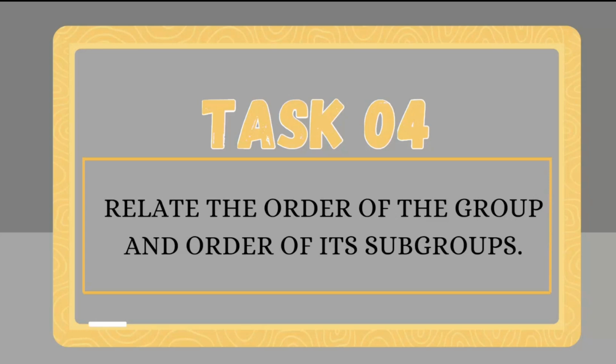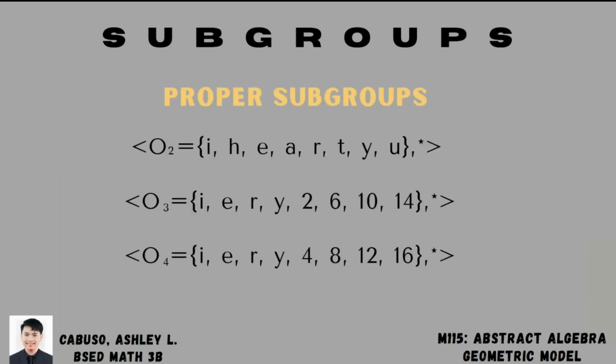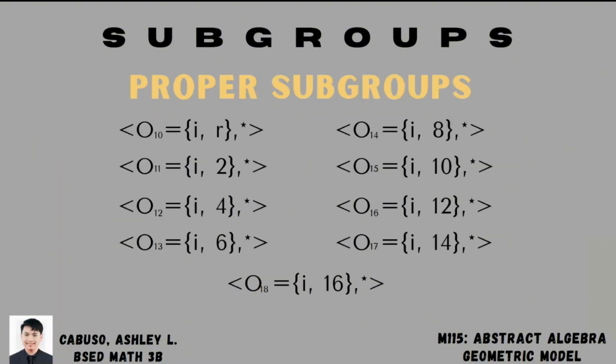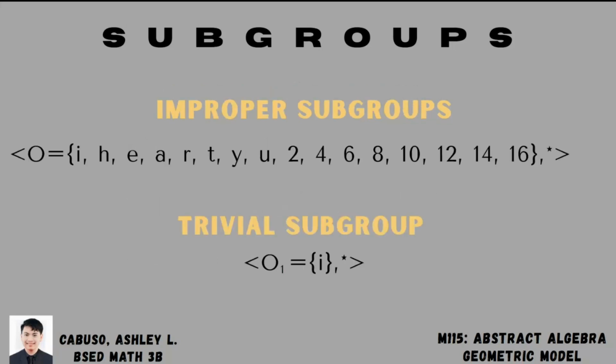Now, for our project, I have constructed a geometric model with 16 elements. In the previous videos, we have already identified whether it forms a group, and also, as you can see here, we already determined its subgroups, which are the elements in the set O. Set O is equal to I, H, E, A, R, T, Y, U, 2, 4, 6, 8, 10, 12, 14, and 16.